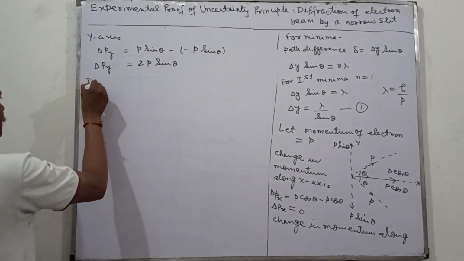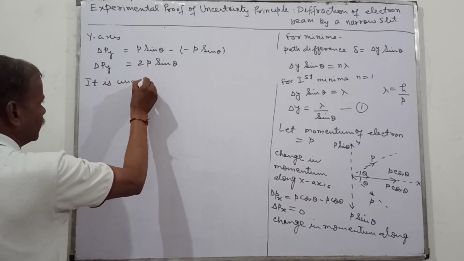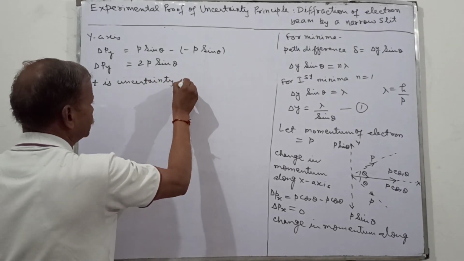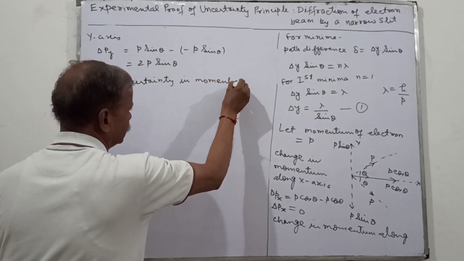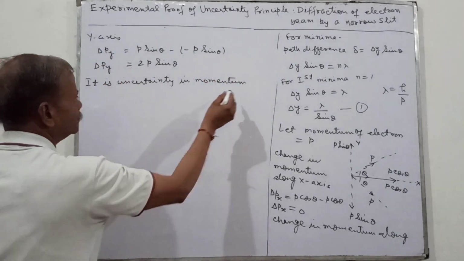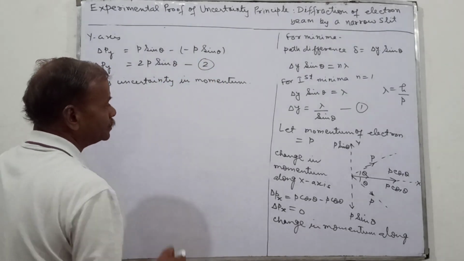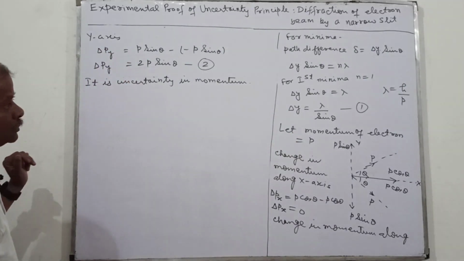So this is now uncertainty in momentum along y-axis. So now this we have as equation number 2. Now we multiply this number 1 and number 2.